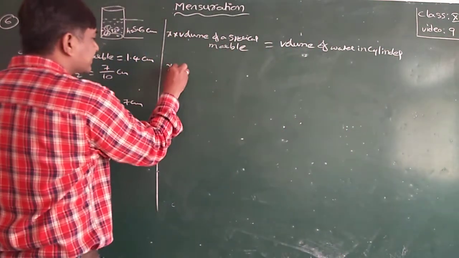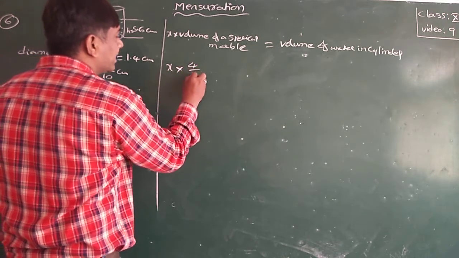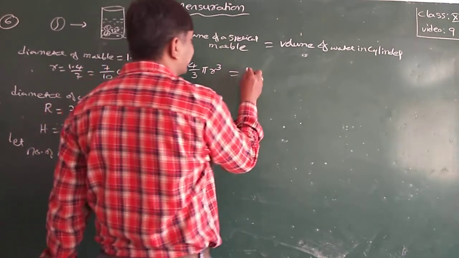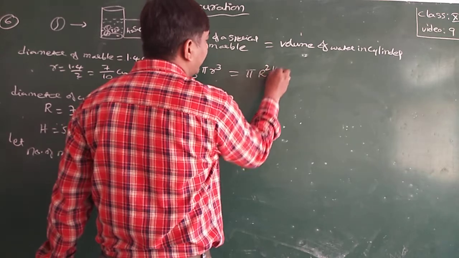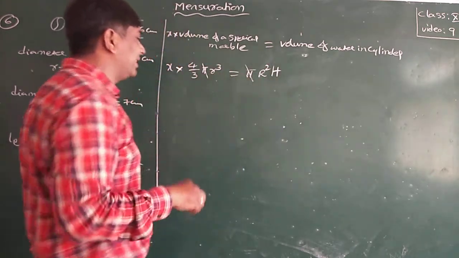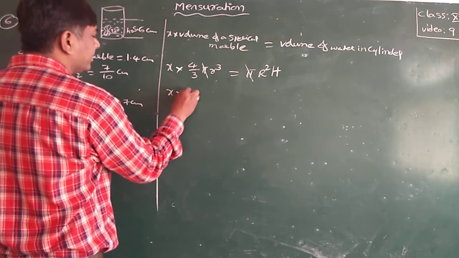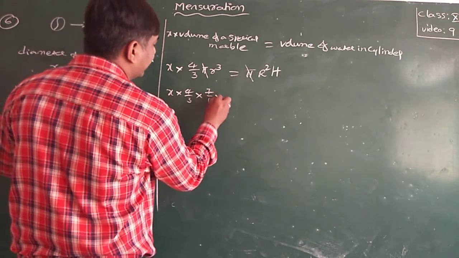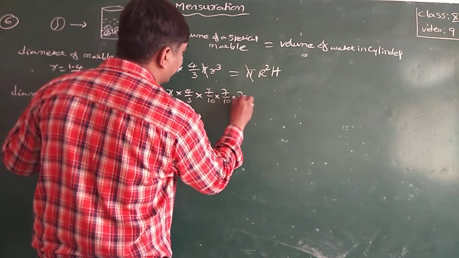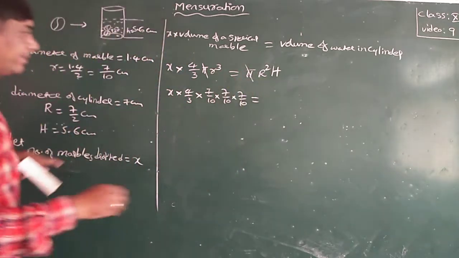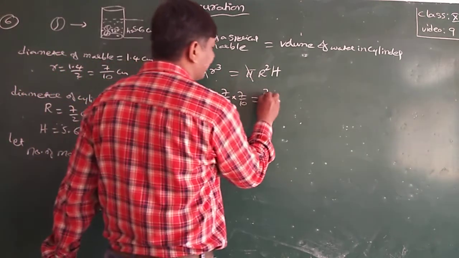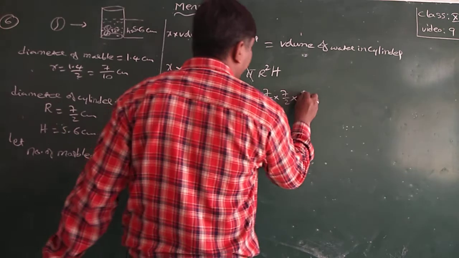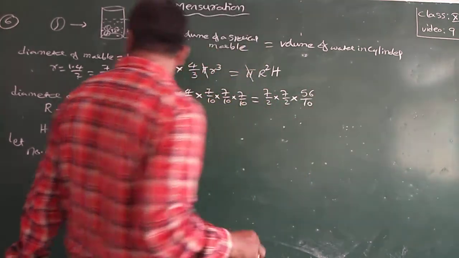Means x into volume of a sphere, 4 by 3 pi r cube, is equal to volume of water in the cylinder, pi r squared h. This pi cancel. X into 4 by 3 into r value 7 by 10 into 7 by 10 into 7 by 10. These are some different. So here r square 7 by 2 into 7 by 2 into height 5.6, means 56 by 10 we can write.